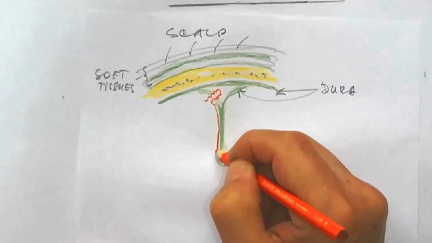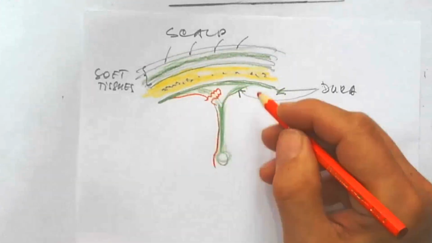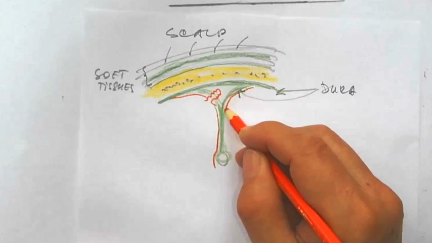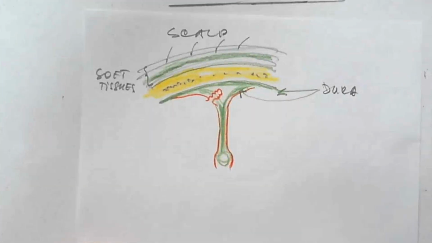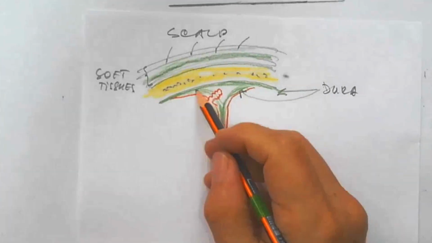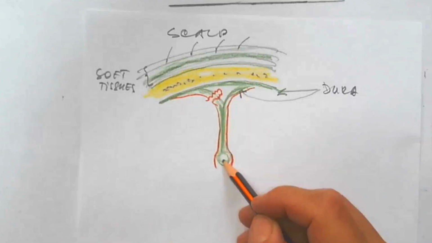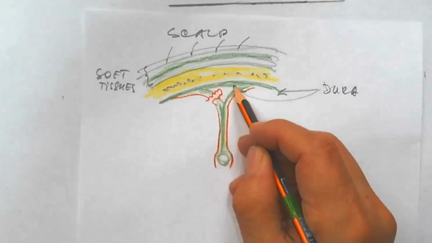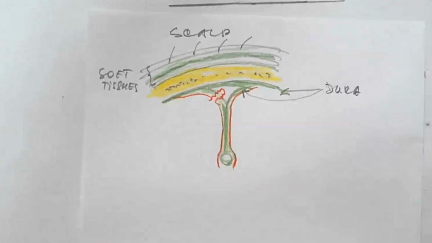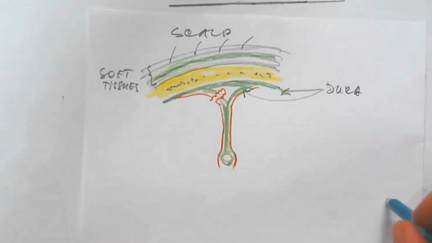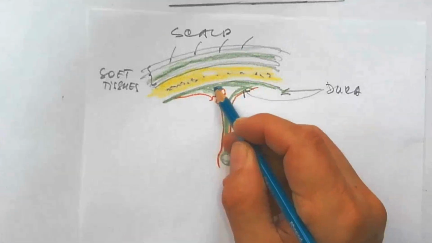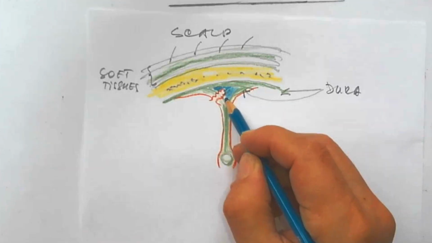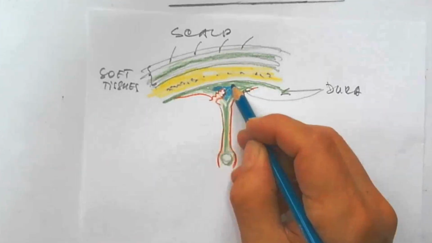So just sketching arachnoid, like that, and also on this side, arachnoid, and then increasing contrast as we see, then coloring the space by blue, showing the vein, venous blood.